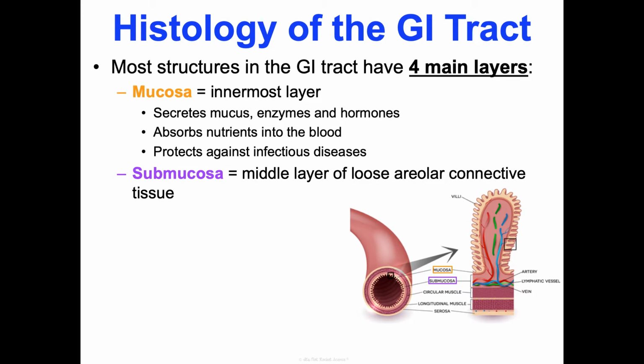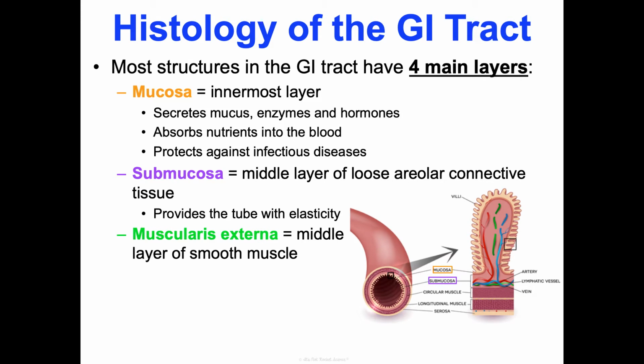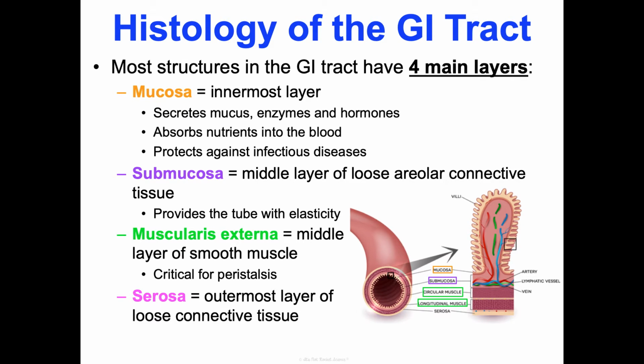The submucosa is the next layer, a middle layer made of loose areolar connective tissue, and it gives the tube elasticity and some flexibility. Then you have the muscularis externa, which is a layer of smooth muscle, or it could be multiple layers of smooth muscle. These play a role in peristalsis, which is the propulsion process of how we move food through the tract.